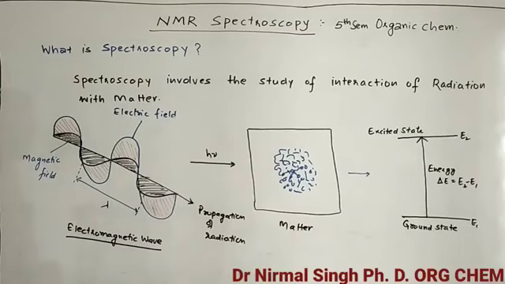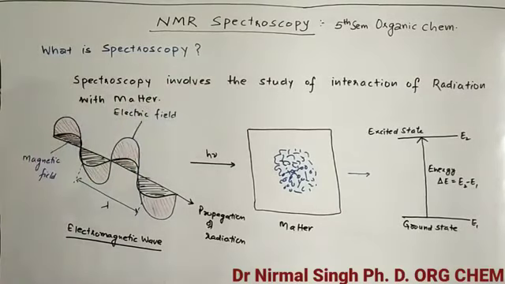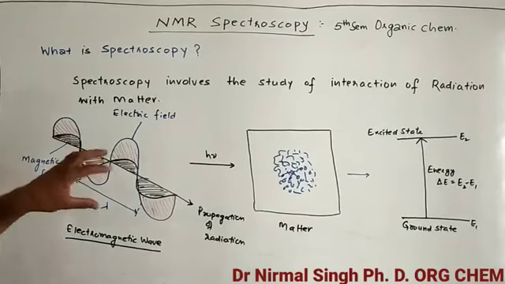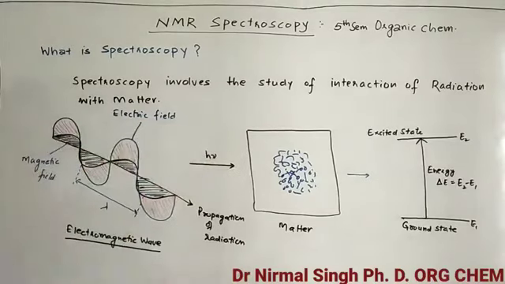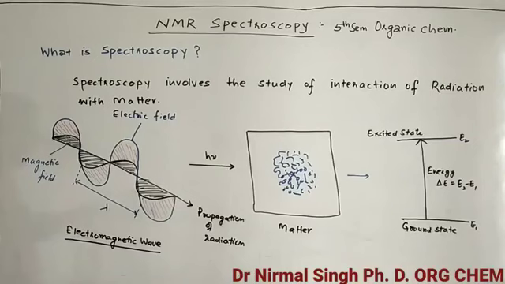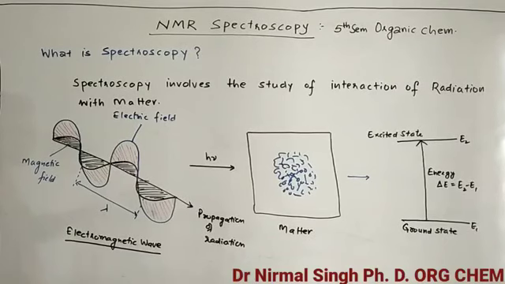So this is an interaction. Spectroscopy is a term which involves the study of the interaction between the radiation we strike on the matter and the matter itself; from the frequency of the radiation we can detect the nature of the substance. So ultimately, what is spectroscopy? When we strike light on a matter, it either absorbs, reflects or transmits the light, and based upon that we can find out the nature of the matter.